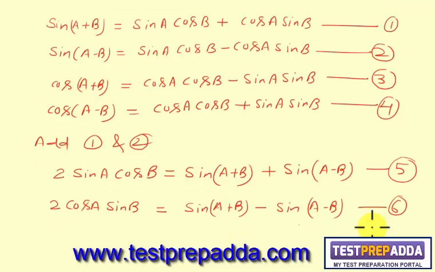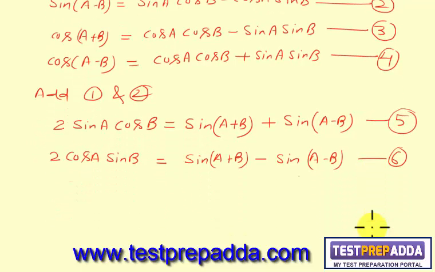Now, similarly, as we did for sine, you add 3 and 4, that will give you the result about cos, and then you subtract. If I add 3 and 4, what will be the result?